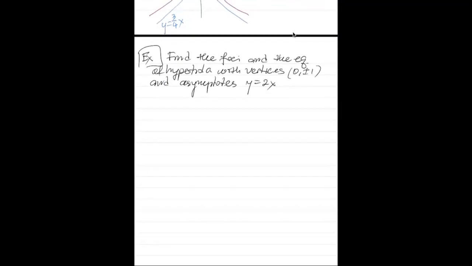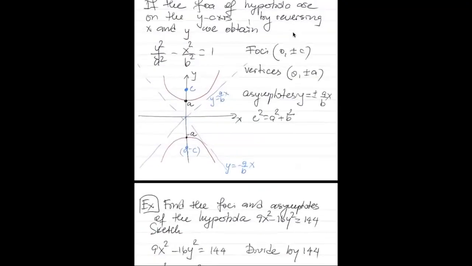So from the vertices, we can say a is equal to 1, and from the asymptotes, we have a over b equals 2. You notice the vertices are along the y-axis, okay? So we have the second equation to deal with.